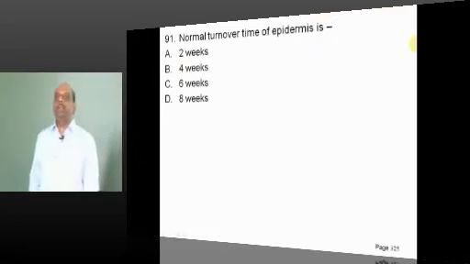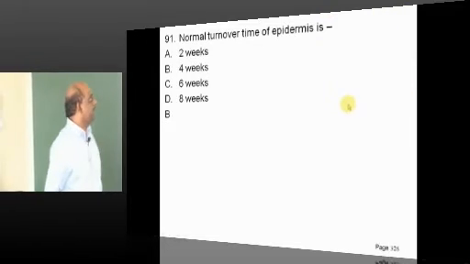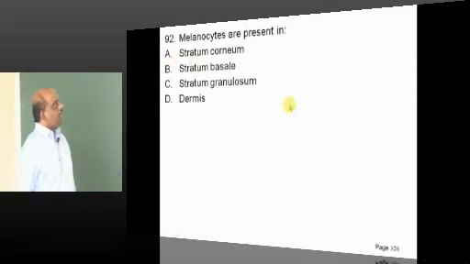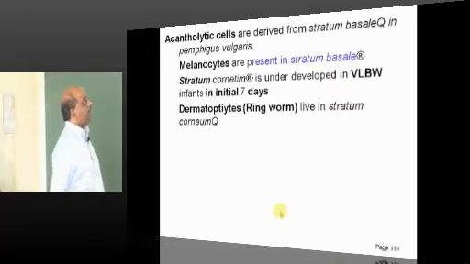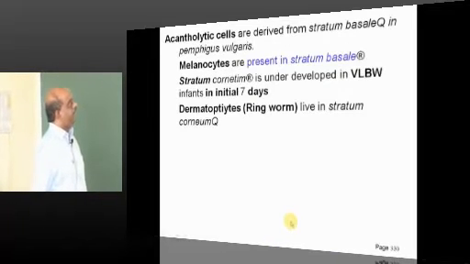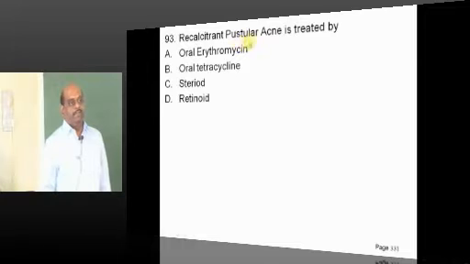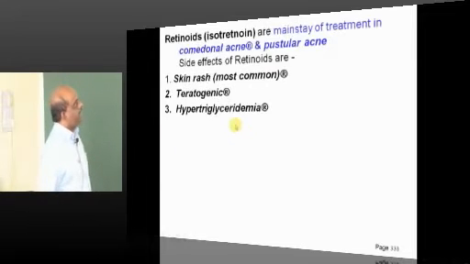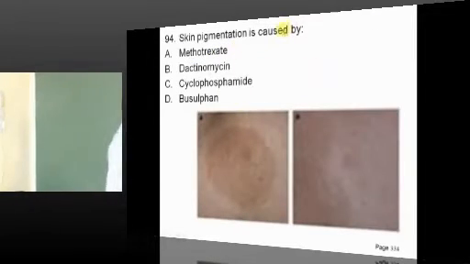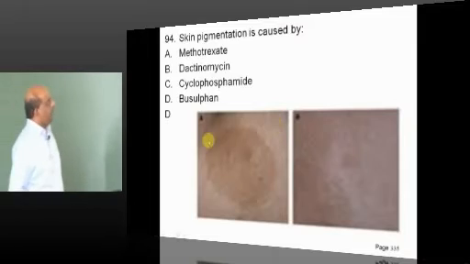Normal turnover of epidermis, 4 weeks. Very good. Melanocytes are in the stratum basale. Recalcitrant acne is treated with retinoid, that's good. Skin pigmentation due to busulfan.